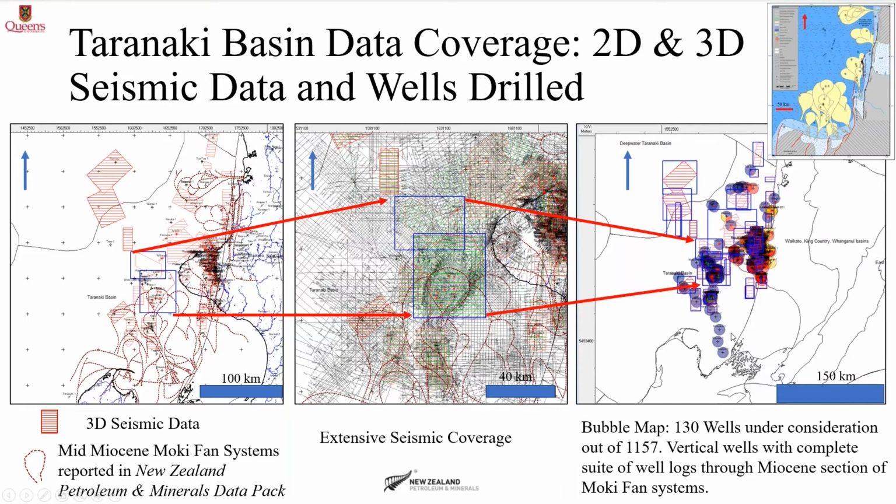For that purpose, I have segregated 130 wells for my consideration out of more than 1100 wells. These are vertical wells with a complete suite of well logs through the Miocene sections of the Moki fan systems that I am considering, and I'm focusing at the beginning mostly on the full suite of gamma ray logs.